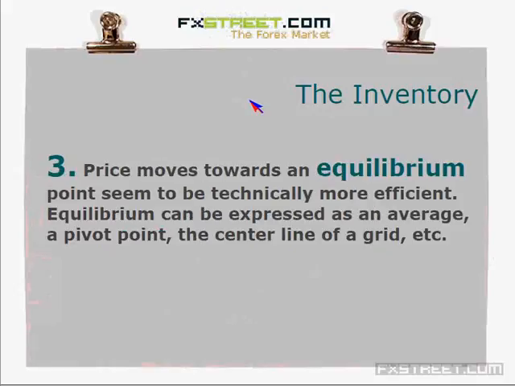Okay. The third point would be: price movements toward an equilibrium point seem to be technically more efficient. Equilibrium can be expressed as an average, a pivot point, the center line of a grid, etc. So I may observe on the chart that price returns to those equilibrium levels once in a while.